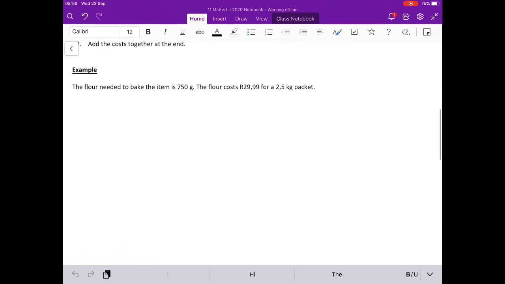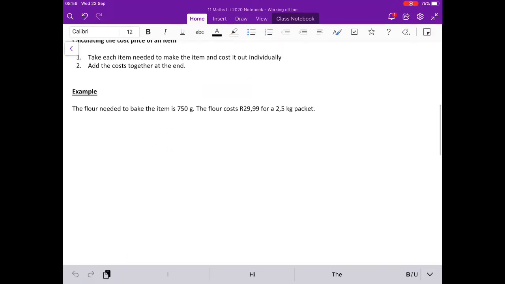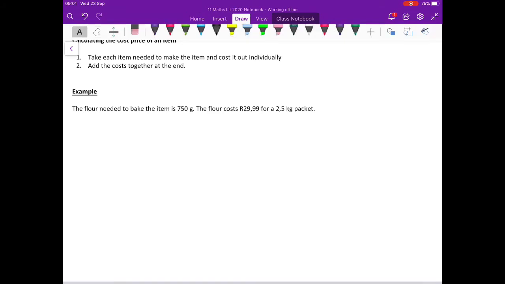The example here is that the flour needed to bake an item that you're going to sell is 750 grams. The cost of the flour is $29.99 in a 2.5 kilogram packet. So once again, remember I said to you ratio is an extremely useful tool.